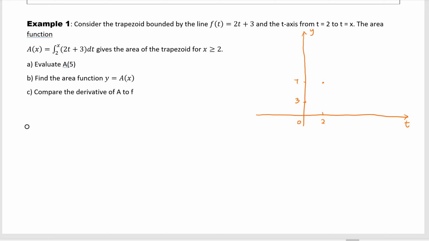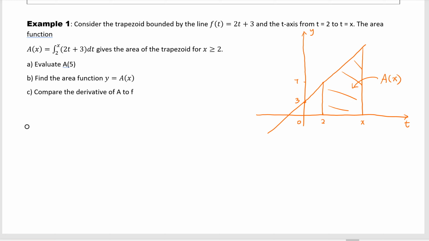So it passes through these points and we connect them smoothly. We get a line, right? So we want to find the area function, the area from 2 to x. Let's say this is x, then this region is the area function A of x.